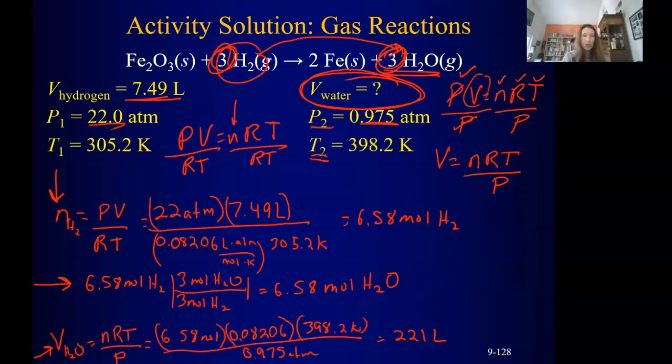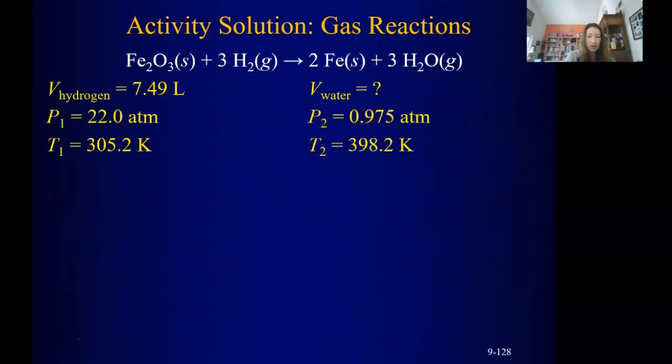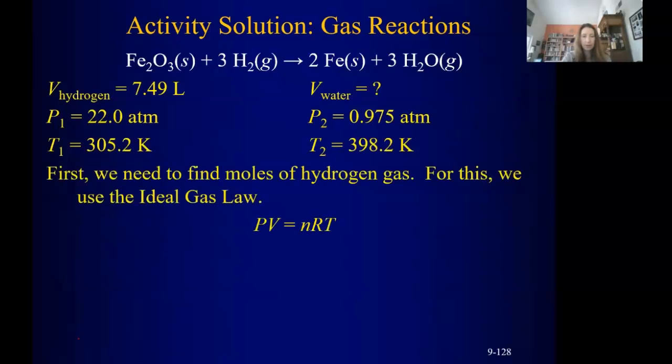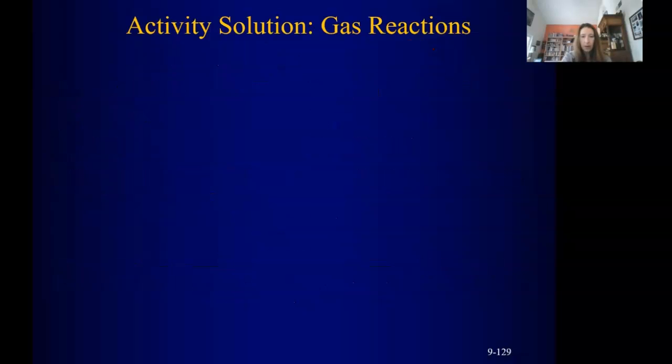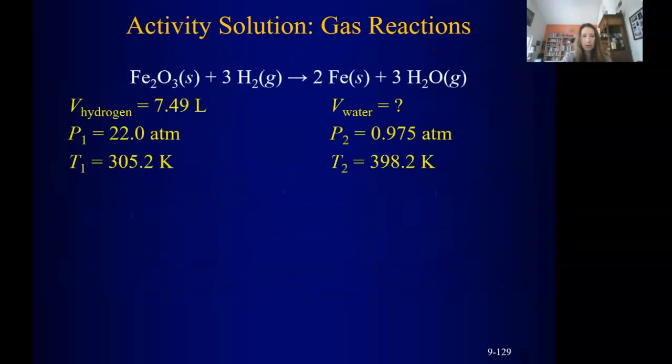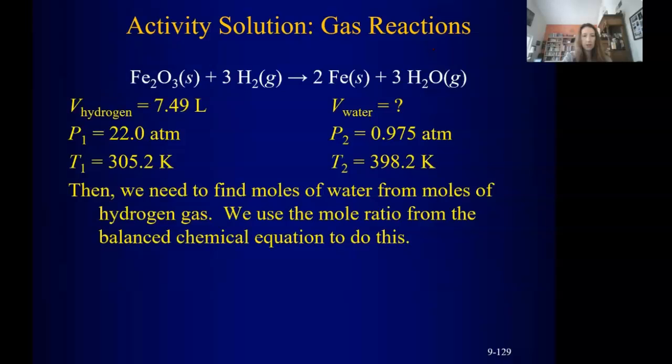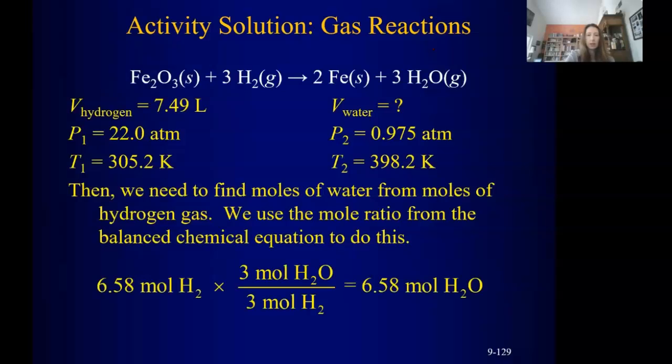Okay, so now I'm going to show you this much neater than what I just wrote. Okay, don't worry, this is all coming back. It's just coming back prettier. So first thing we did was use PV equals nRT, right? And we got our moles of hydrogen. After we found our moles of hydrogen, we converted them to moles of water using our balanced chemical equation.